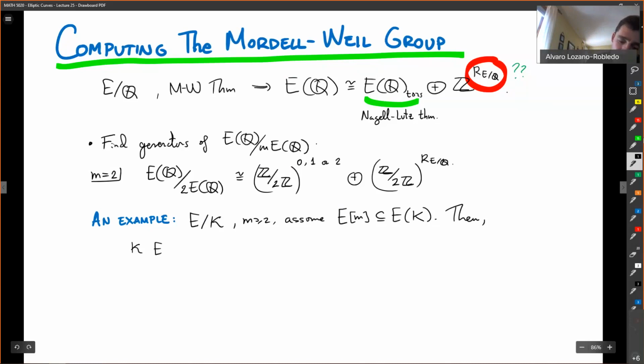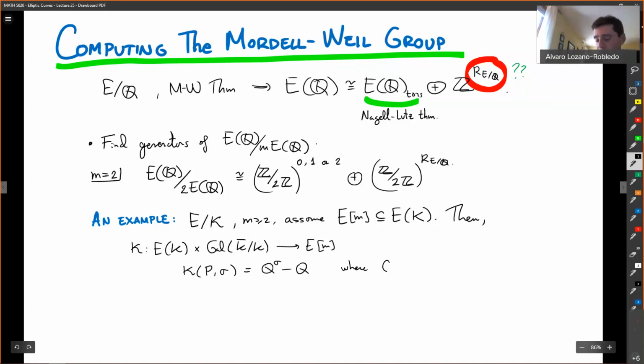The Kummer pairing went from points on E(K) cross the absolute Galois group of K to M torsion, okay? And it sends (P, sigma) to Q^sigma minus Q, where Q is such that M times Q is P, right? Remember that the kernel on the left is precisely M·E(K).